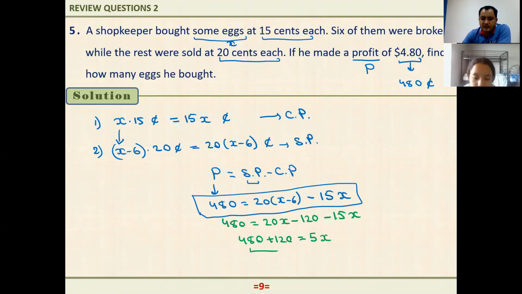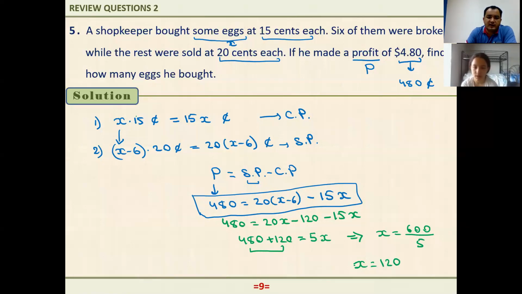So what is 480 plus 120? 600. So here, what is x? x is 600 over 5, right? What is 600 over 5? 120. Oh, so they bought 120 eggs.